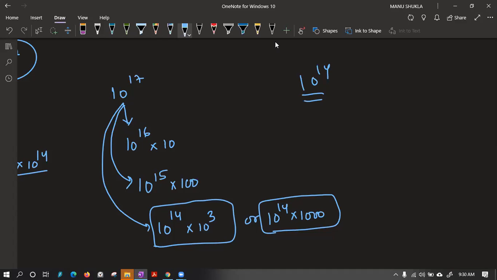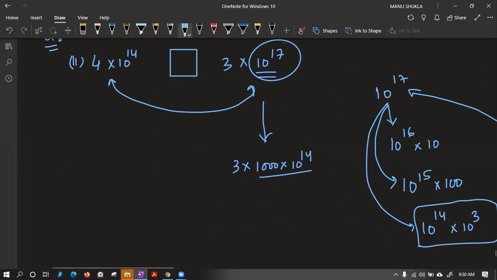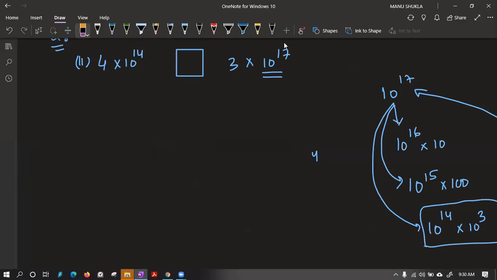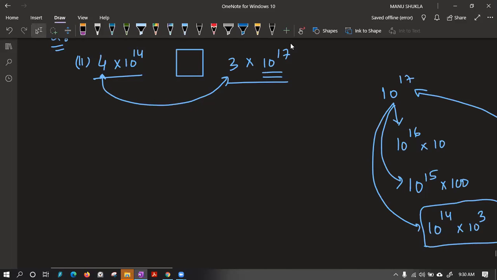So we are just using the laws of exponents and trying to write the numbers in two ways. Why I am doing so? Let me show you. Again, I'm explaining. We had this question with us. We had to compare this number and this number. If you see 4 and 3, which one is larger, class? Please tell me.